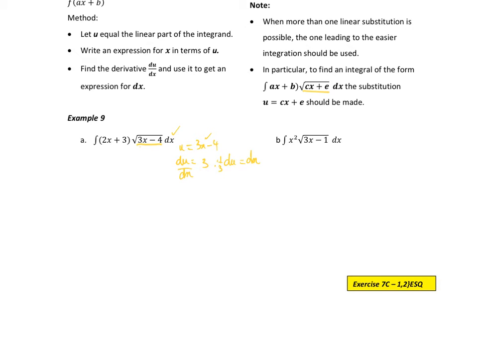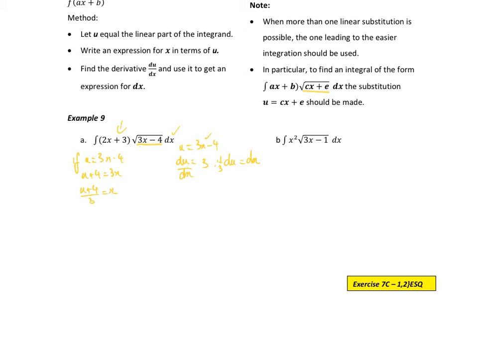So in here, if u is equal to 3x minus 4, well then u plus 4 is equal to 3x. So u plus 4 on 3 is equal to x. Yeah? So what's 2x plus 3 equal to?